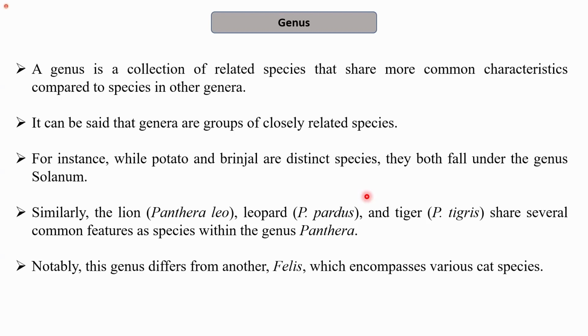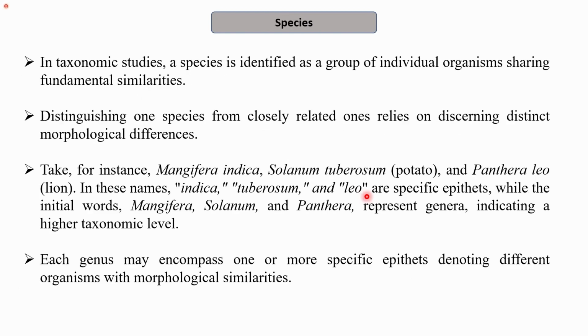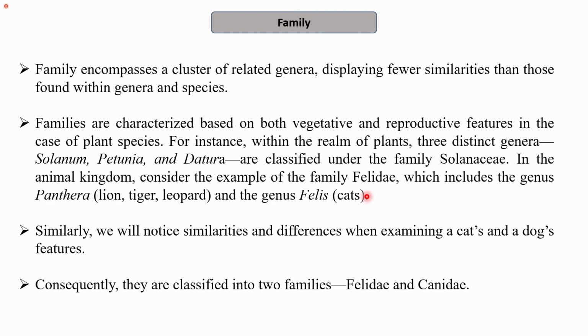Now, above the genus we have family. In taxonomy, a family encompasses a cluster of related genera. The concept is the same, similar to what we have studied at the genus level. A genus encompasses a group of related species.